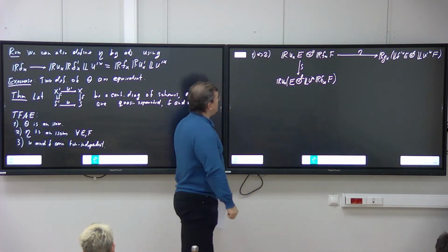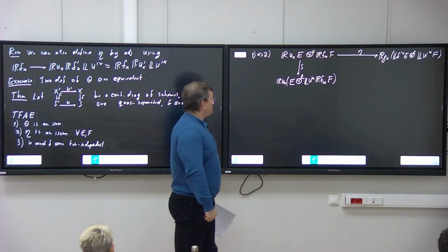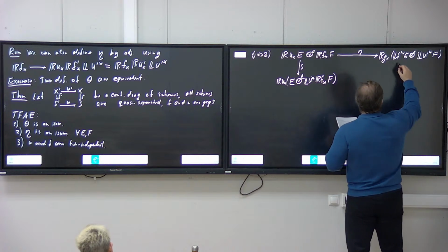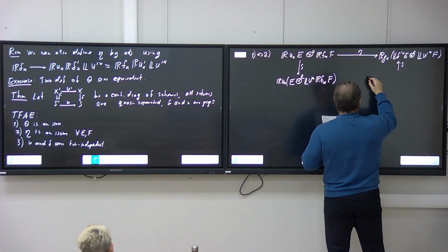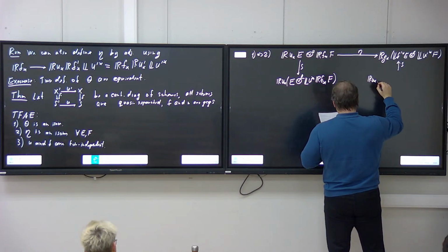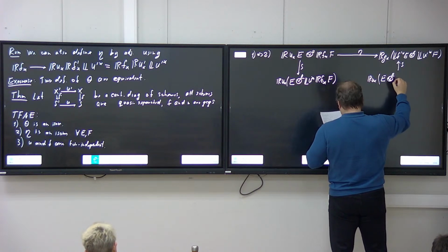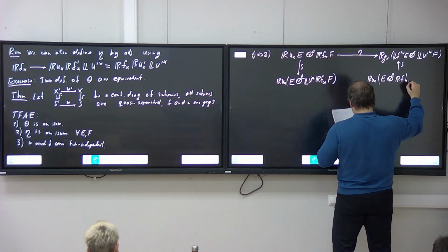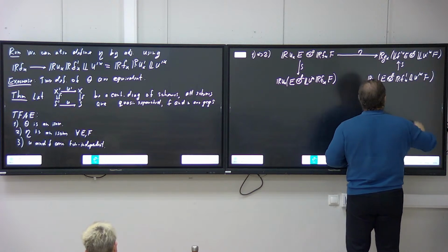This is the isomorphism by the projection formula for U lower star. And in the other direction, which is also an isomorphism, I look at RU lower star of the product of E and RF prime lower star, L prime upper star F.